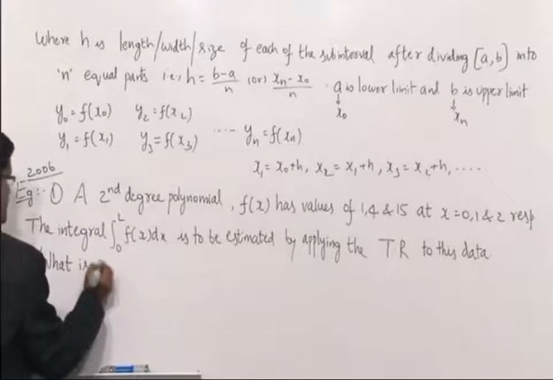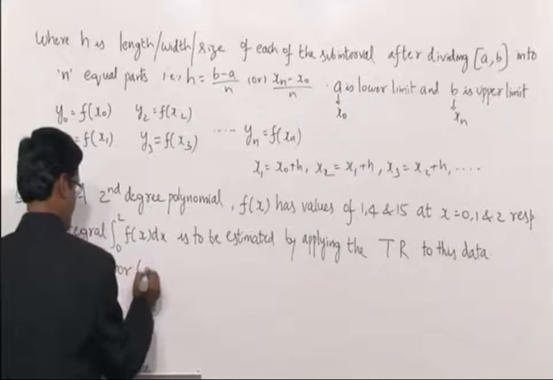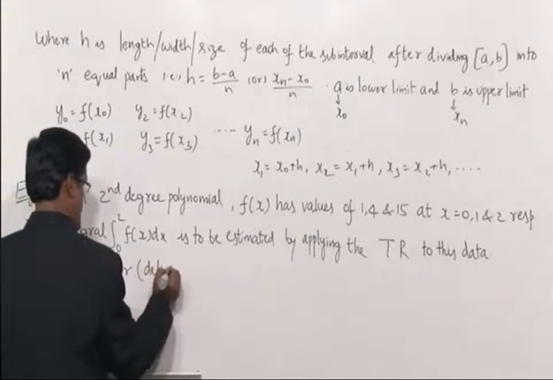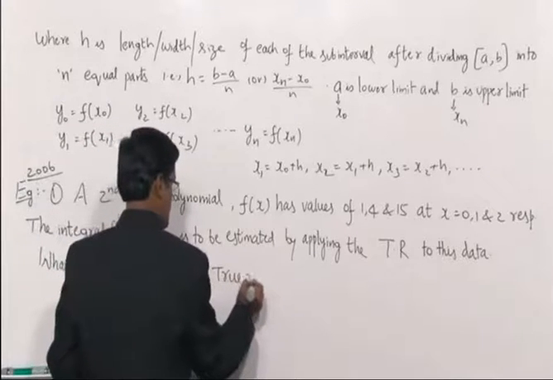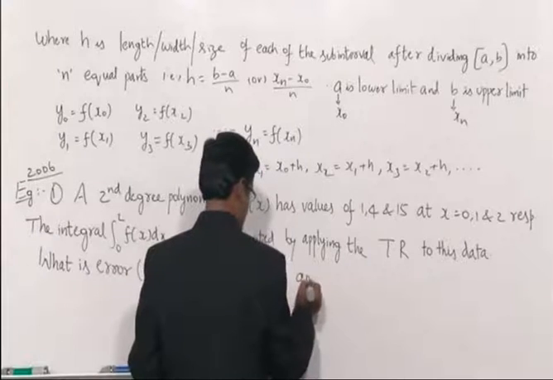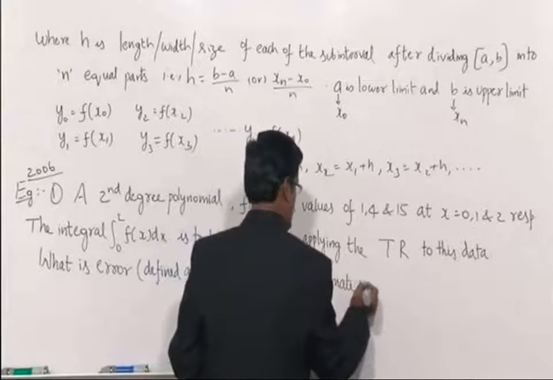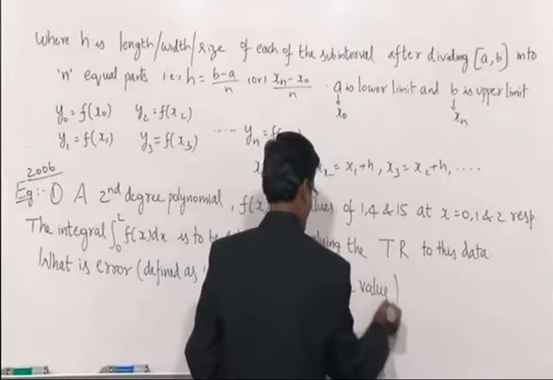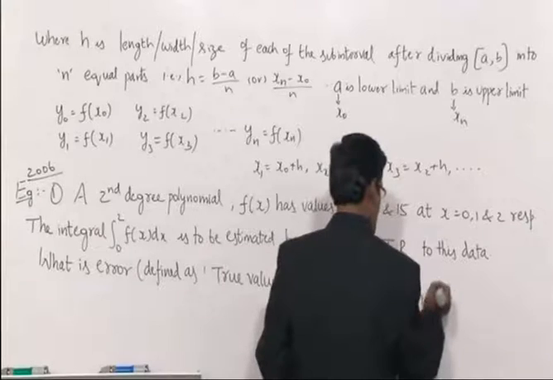What is error? Defined as true value minus approximate value in the estimate.